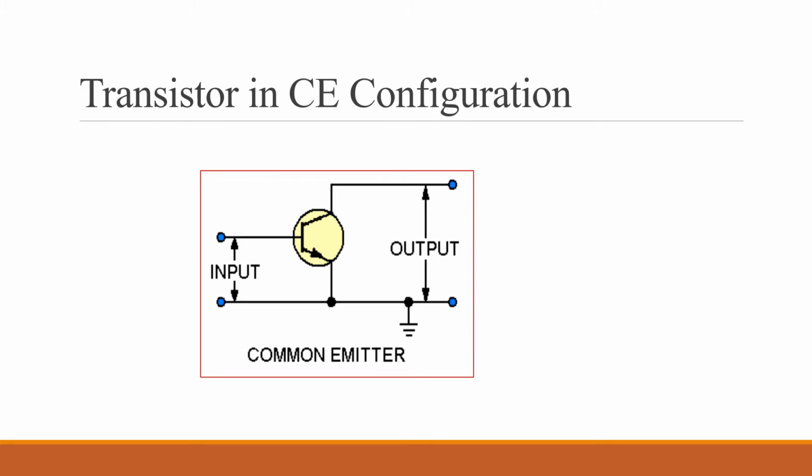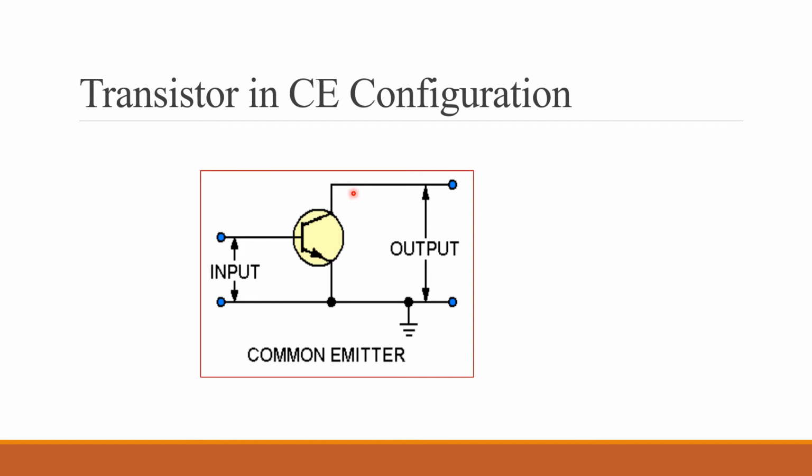Now let us see the transistor in CE configuration. Here we can see the diagram for CE configuration, where we can observe the emitter is grounded, and that's why it is sometimes called common emitter or grounded emitter. In this configuration, the emitter is connected to ground and the input signal is applied to the base.